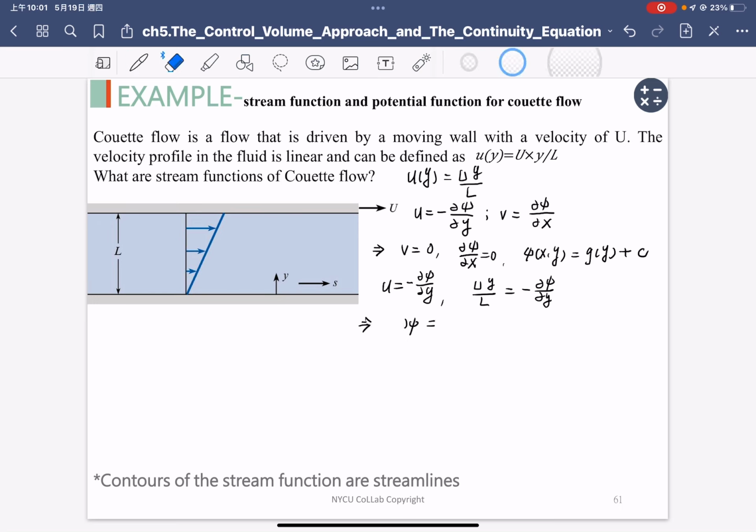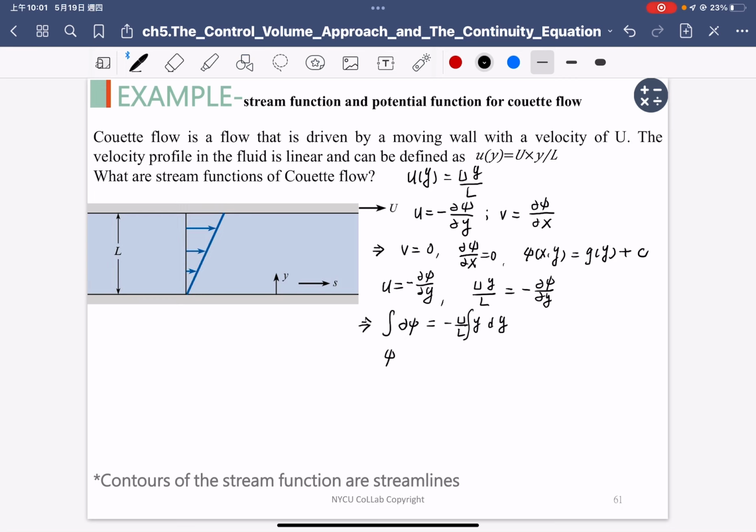Maybe I use the positive: dpsi is equal to minus U divided by L multiplied by y dy. So we can do the integration on both sides, and U divided by L is constant, so I put it outside of the integration operator.